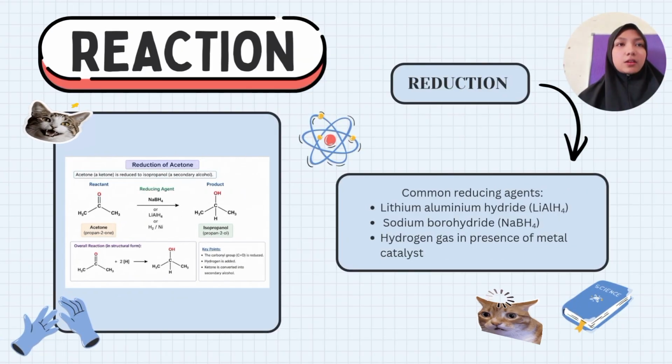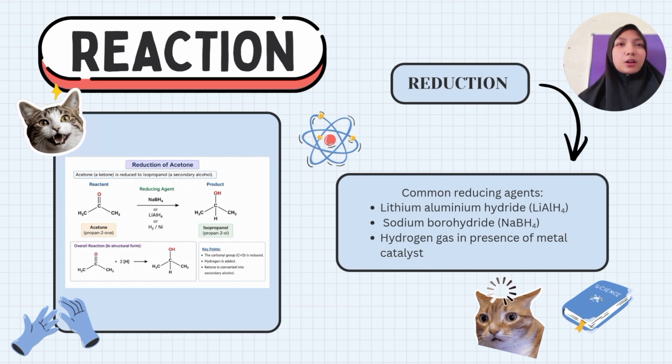Next, reactions of acetone. First, reduction of acetone. Acetone, a ketone, is reduced to isopropanol, a secondary alcohol. For example, propan-2-one reacts with lithium aluminum hydride to form propan-2-ol, which is isopropanol.